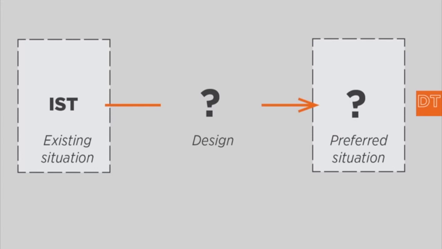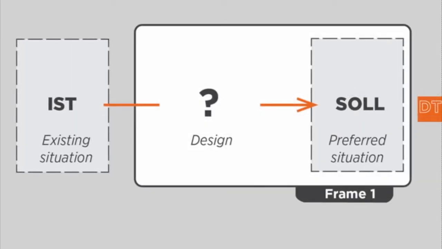That's a question mark. So if design is all about how to get from the Ist to the Soll, and we don't know what the preferred situation is, we have an equation with 2 unknowns, which is unsolvable. There are millions of ways to deal with this equation from a logical perspective.